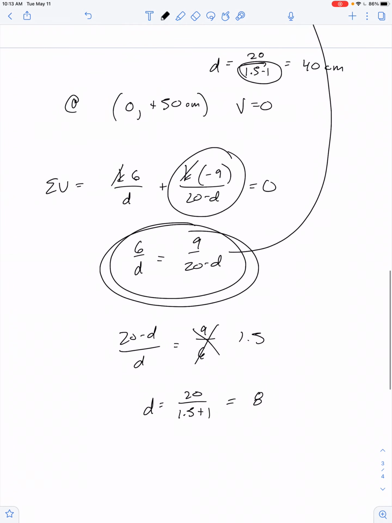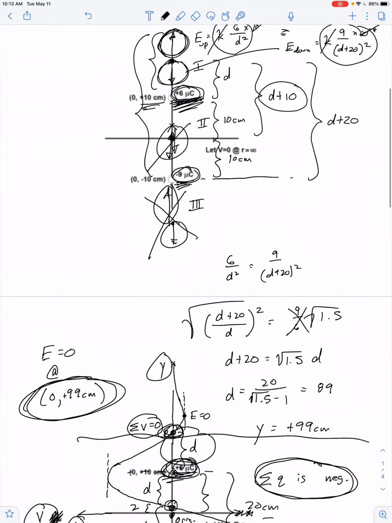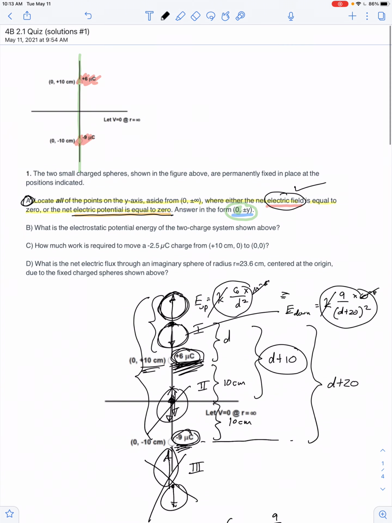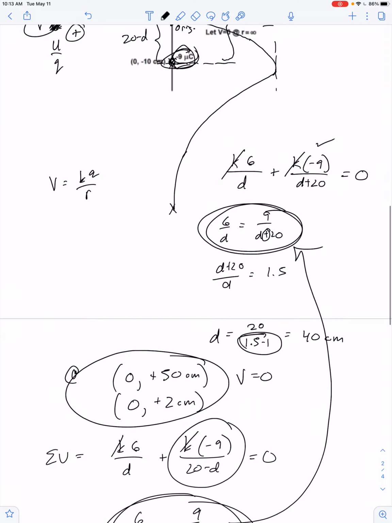We have our other position where the electric potential is equal to 0 at 0, comma, positive 2 centimeters. Okay, so the bulk of our work in this quiz problem was in this part A, locating all these special points. I won't promise you, but I think these next 3 problems will go a little faster. For sure, part B is a pretty simple one. What's the electrostatic potential energy of the 2-charge system?